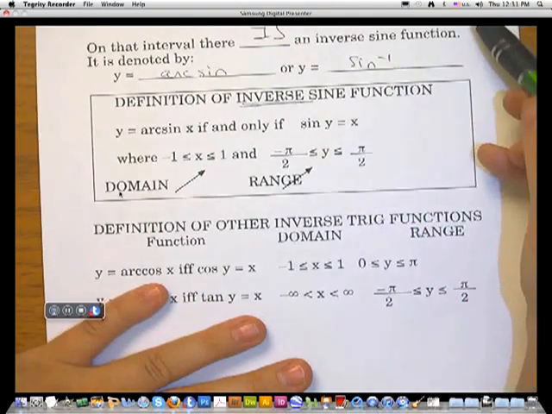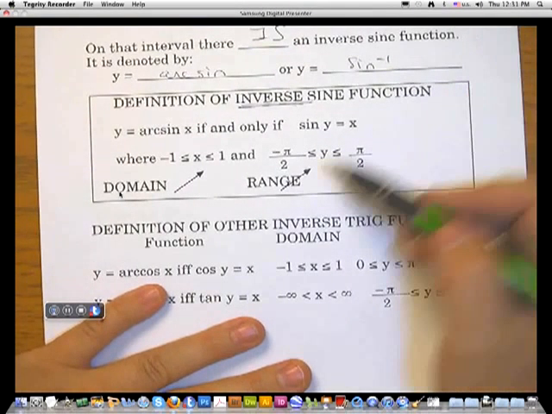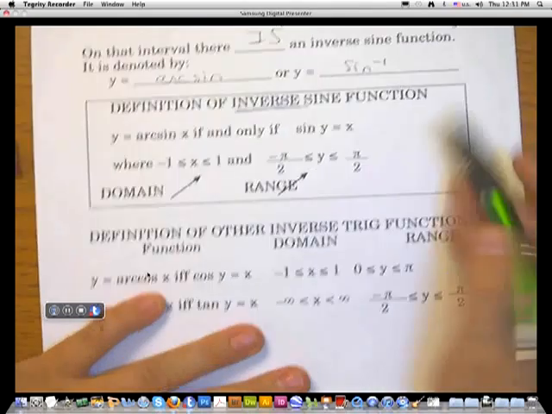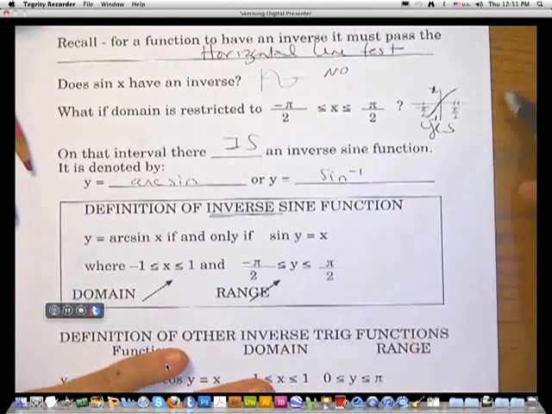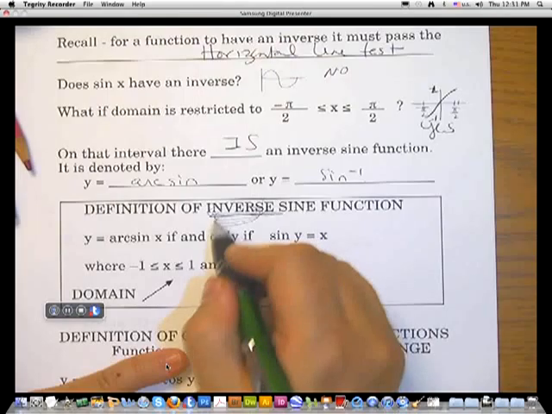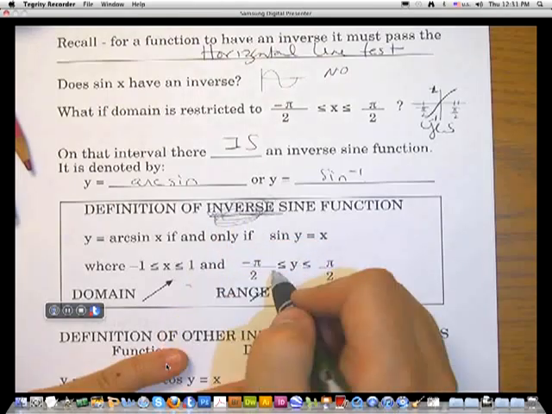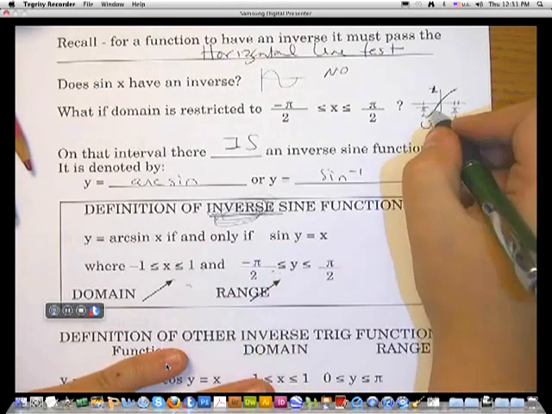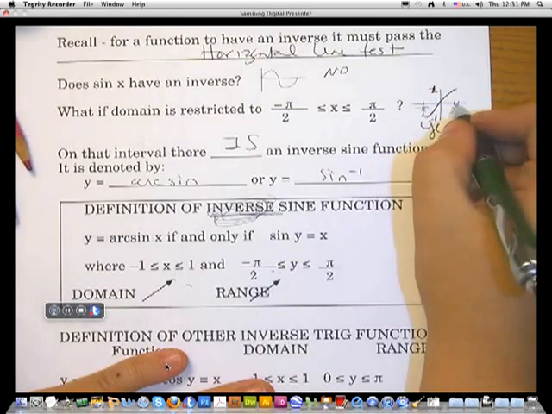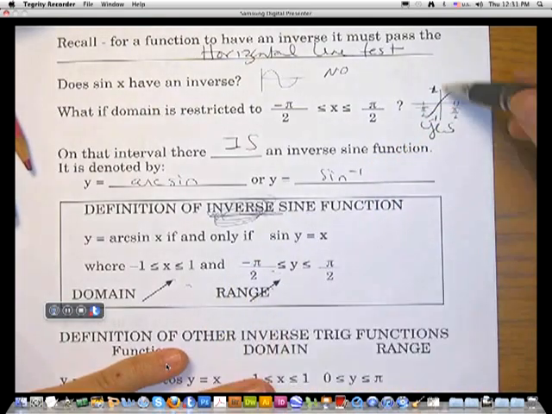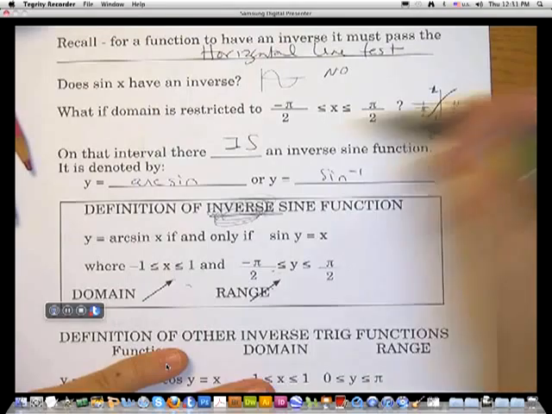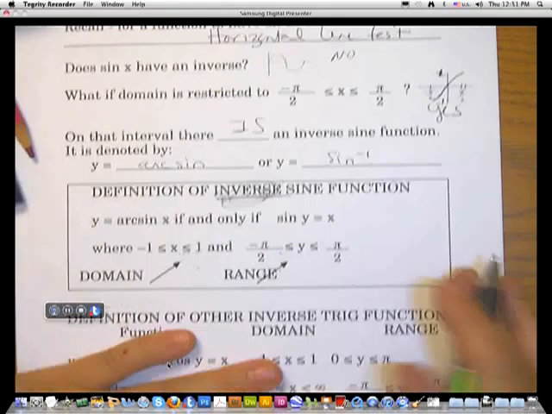And then the range are the x values, so therefore the y values. Keep in mind, this is the inverse domain and range. So that means the x's are the y's, negative 1 to 1, are the x's.